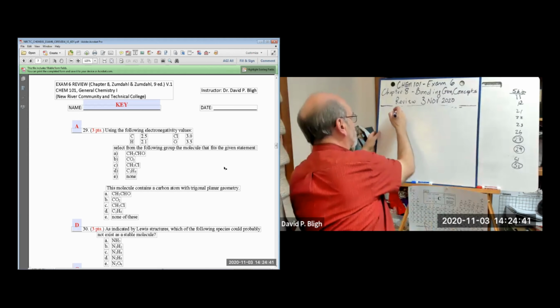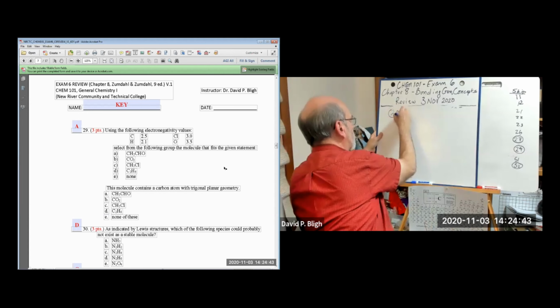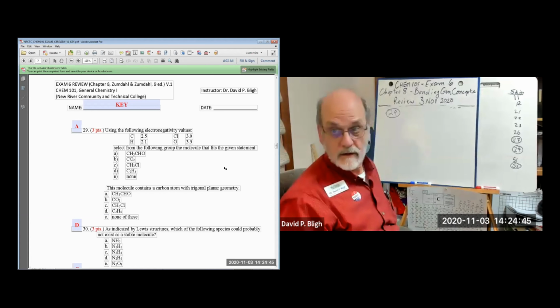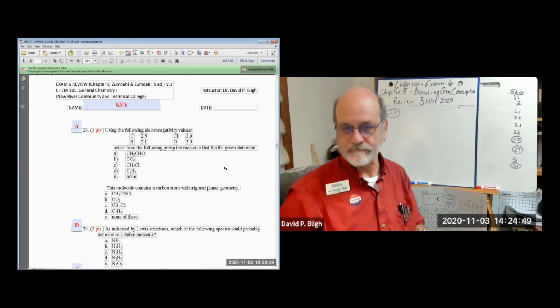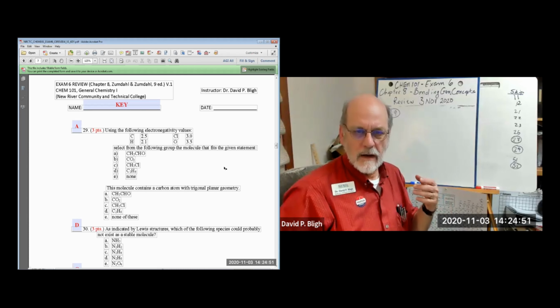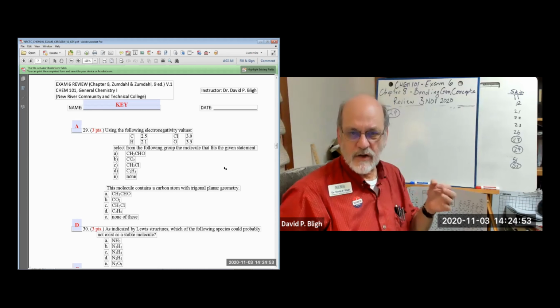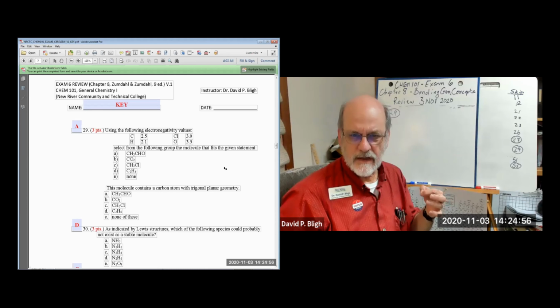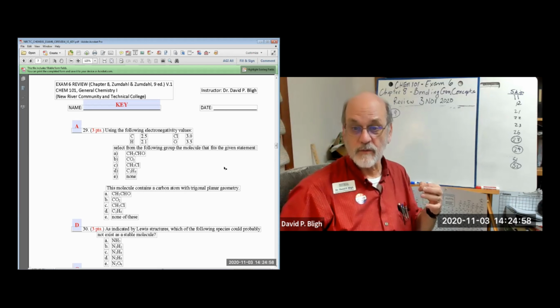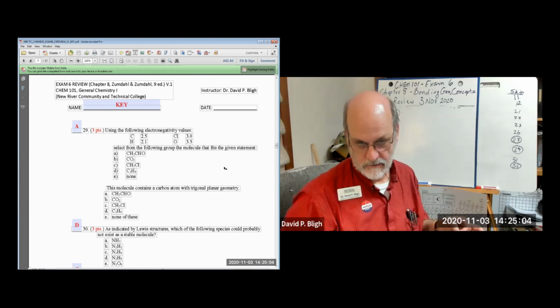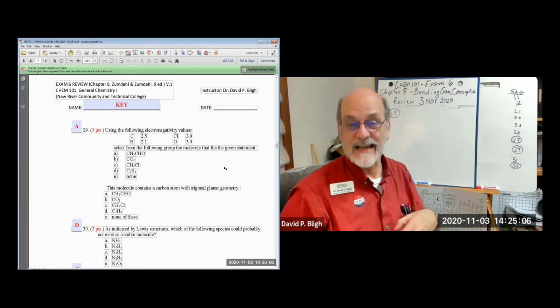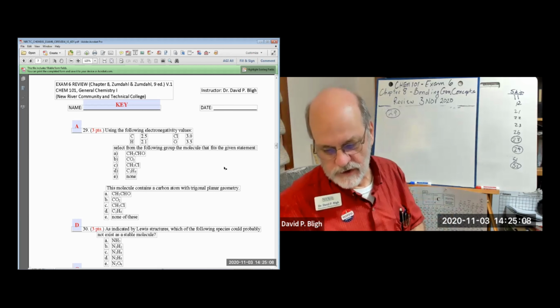This is 29. Okay, so we're still on screen. Using the values for these electronegativities, select from the following groups the molecule that fits the given statement. It contains a carbon with a trigonal planar geometry.